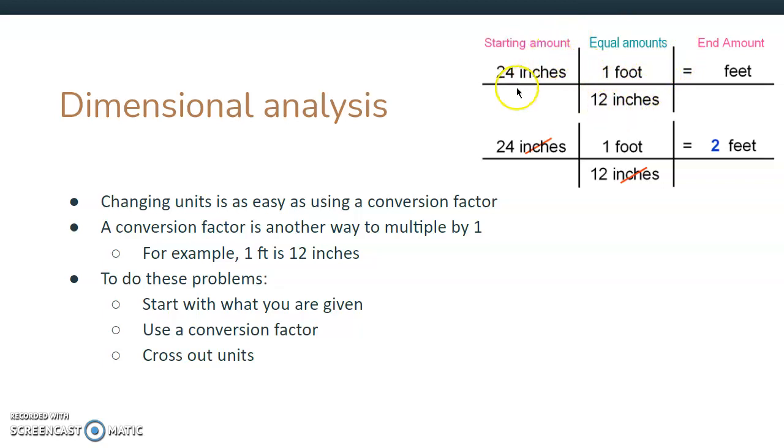These two are the same. This is like saying 4 divided by 4, or like we said, y divided by y. So we cross out our units, and then we multiply and divide. They did 24 times 1, which is 24, divided by 12, which ended up being 2 feet.